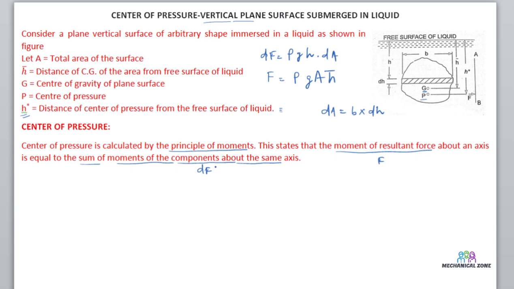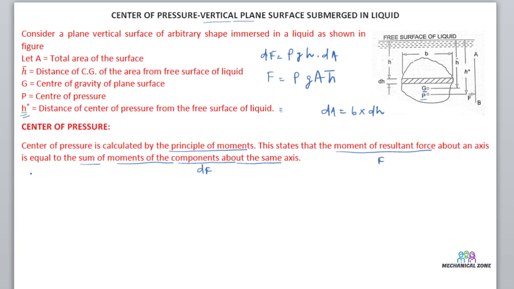We will calculate the moment of force F first, then the moment for each small strip, then for the whole area by integrating the moment of a single strip. Then we will equate both the equation for F and the integration of the dF moment. Then we will get the expression for center of pressure.